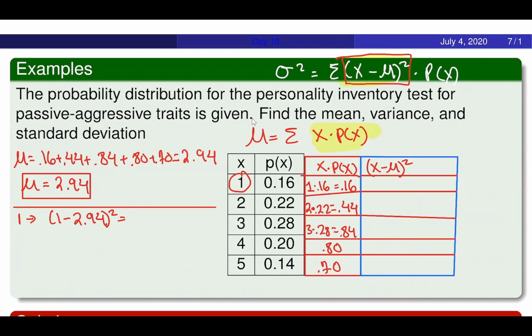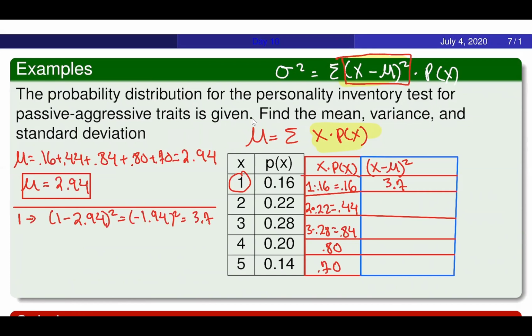If I do 1 minus 2.94, you get negative 1.94 squared. I'm going to do that on my calculator. You roughly get 3.7, so we'll put 3.7 here. Also notice the negative will disappear, because anytime you get a negative and square it, it becomes a positive value.